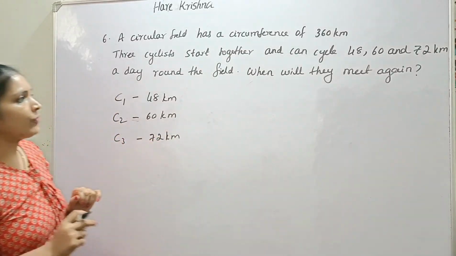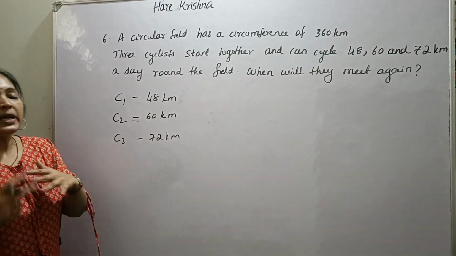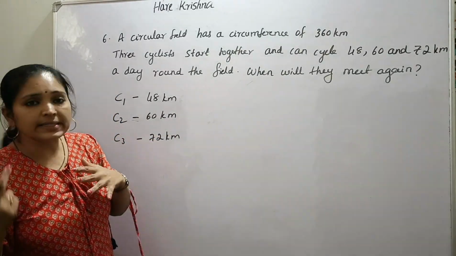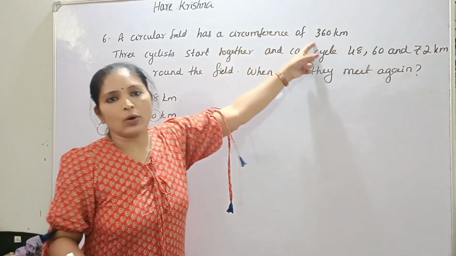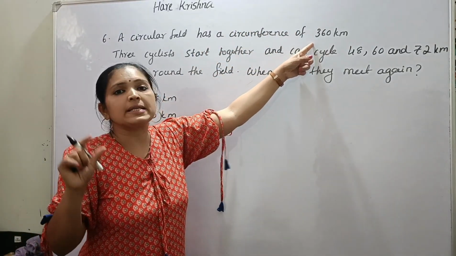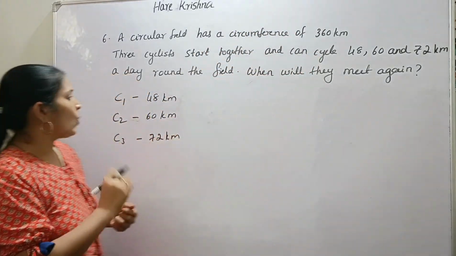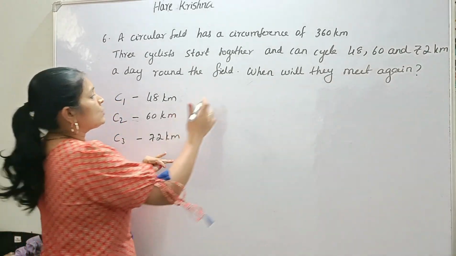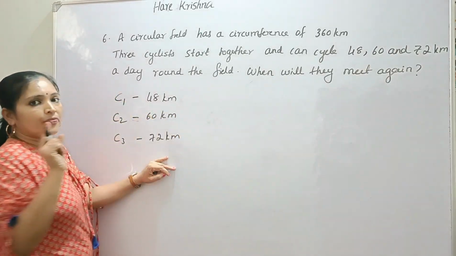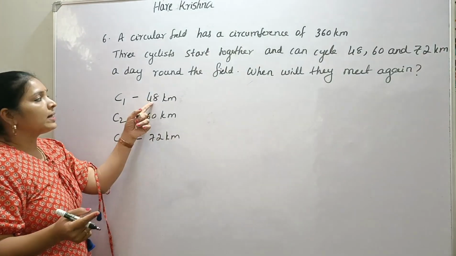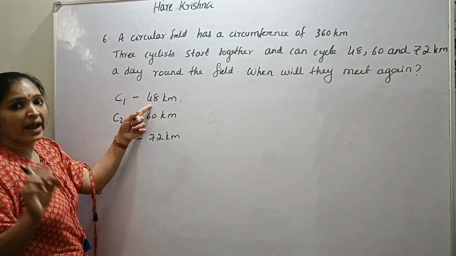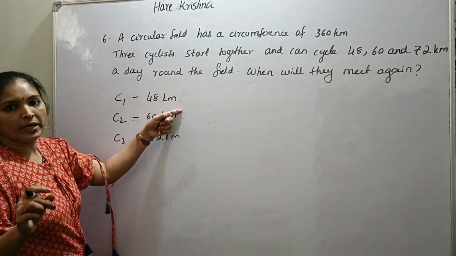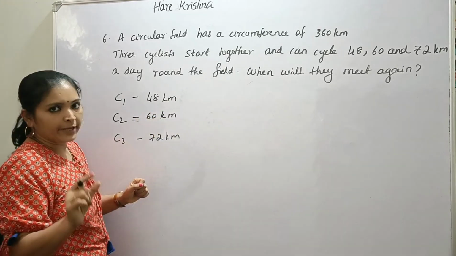So here, first of all, let's find how many days they will take for one round, that is for 360 km. The first cyclist travels 48 kilometers per day.